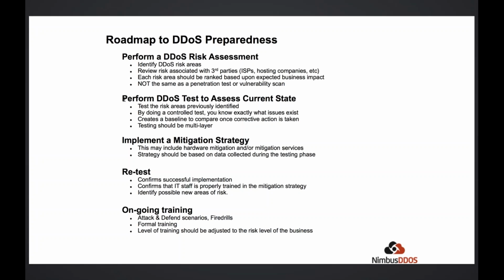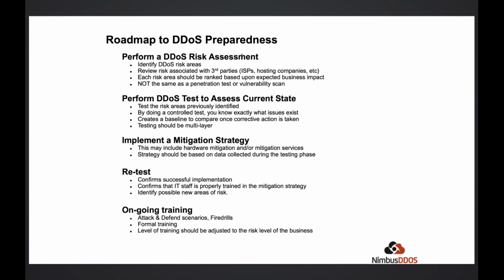So once you know the risks within your environment and that risk assessment is complete, the data that's been collected should be validated with simulated DDoS attacks. So these simulations will basically help determine the exact impact of an attack targeting each of those risk areas. And the most critical thing is that it will also take a hypothetical risk and make it more concrete by collecting performance data and other metrics.